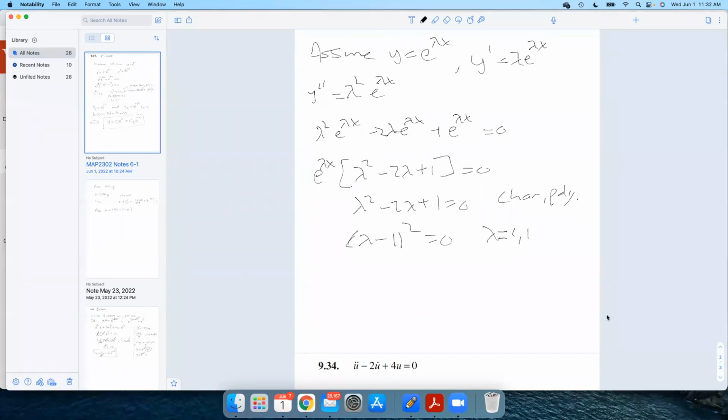Now, I could go through a whole bunch of math justifying this, but I already did in one of the theory videos. This means our two solutions, whenever you get a repeated root, your first one will just be e to the 1x. The second one, you got to tack on an extra x.